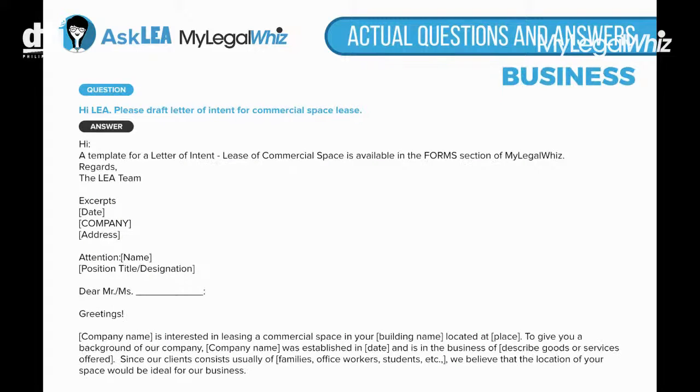And for business, ito po yung mga questions na usually tinatackle natin sa business. So I want to show this one, no? Please draft a letter of intent for commercial space lease. And then we will draft a commercial space lease letter of intent. There's a template there. Kung nakikita niyo dyan.